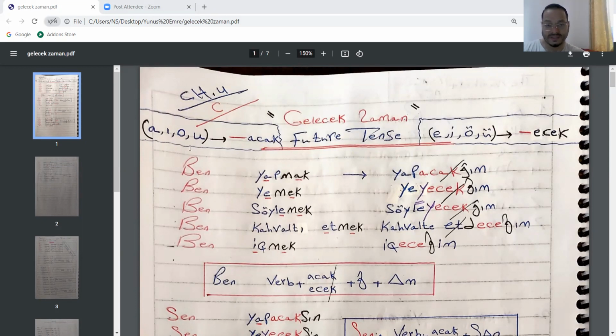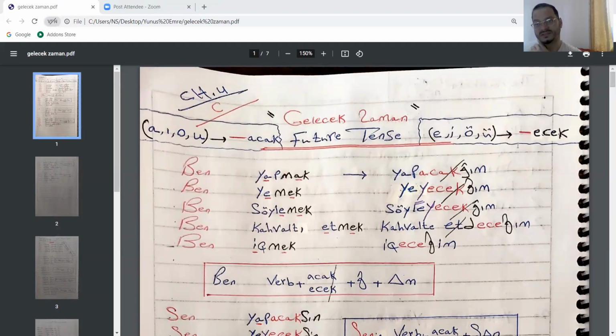Here, like I explained, this group will deal with ajak. The second one will deal with ejek. That means, like I said before, depending on the vowel letter, we select ajak or ejek, whichever is appropriate.